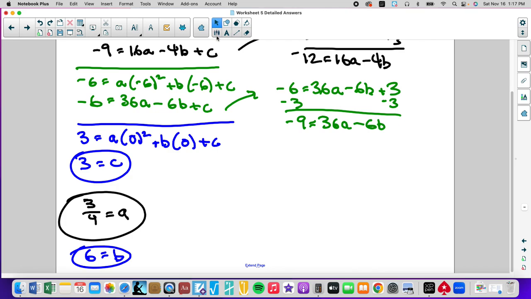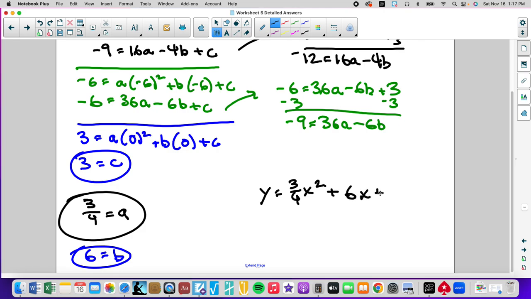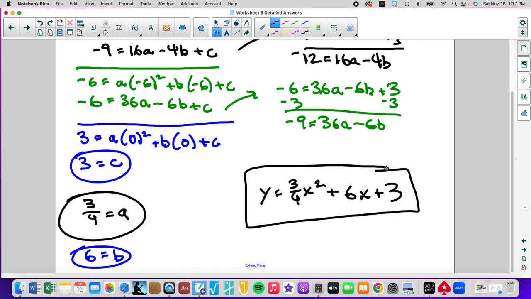So my equation is going to be y equals 3/4 x squared, sorry, my bad, 3/4 x squared plus 6x plus 3 is the equation that holds those numbers.